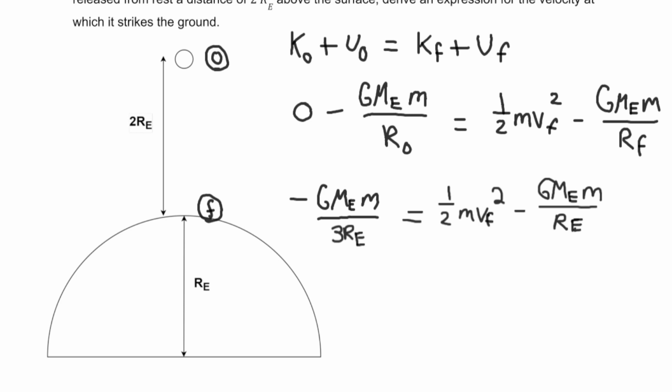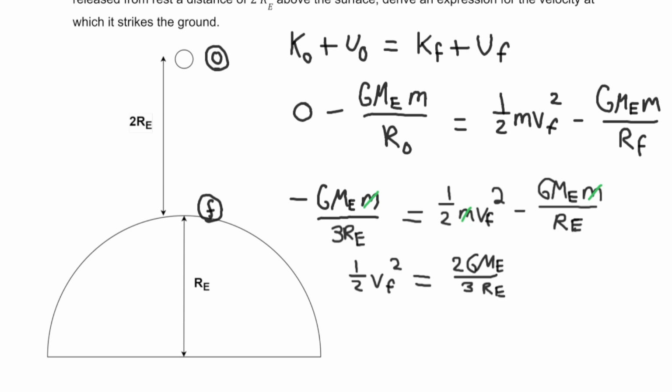So now we can see that we are going to get a cancellation of all the little m's, so the rock's mass, of course, doesn't matter. And then after adding the energies to both sides, we get 1/2 vf squared is equal to 3/3 minus 1/3 gets 2 GME divided by 3RE.